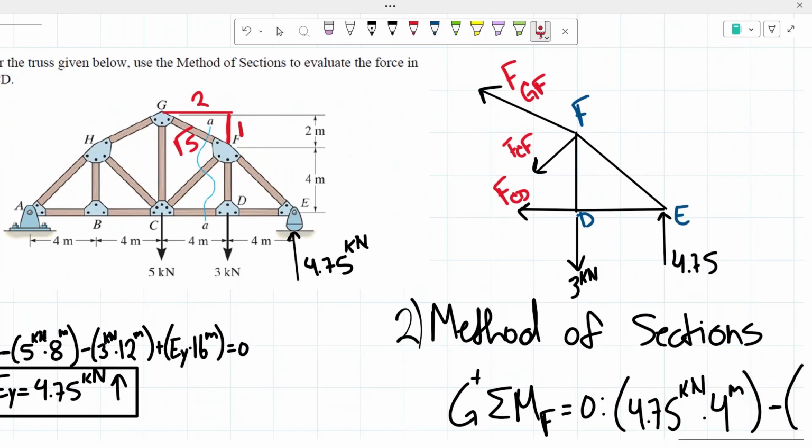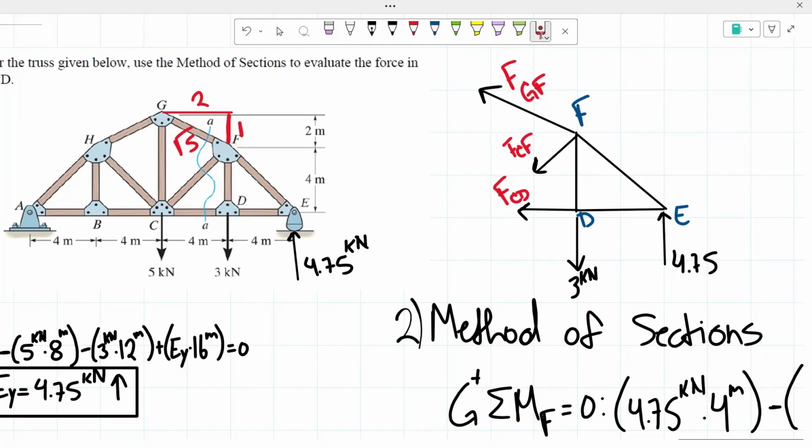So technically, you could also be taking the sum of the forces in the y direction, and you should still be getting the same answers. It doesn't matter. Just remember, if you're taking the sum of the forces in the y direction, you have to be including our three forces plus the value of CF plus the vertical component of GF, so that you would have to be doing all of them.